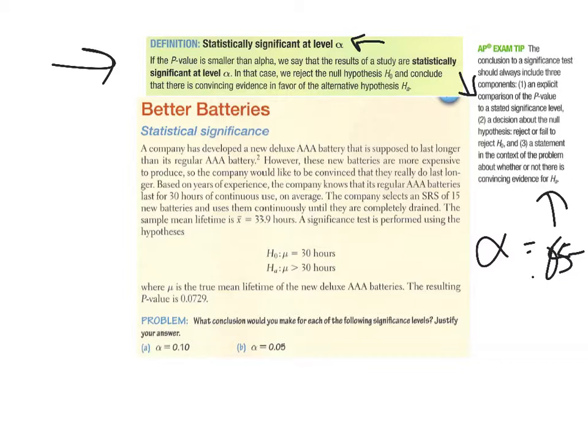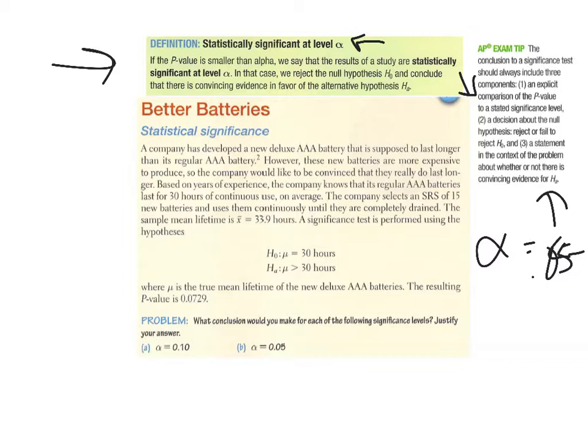So looking at this sample problem that we have here with the battered batteries, the problem is, what conclusion would you make for each of the following significance levels, and justify your answers. If you need to, pause it, take a second, read the problem. Now let's see what we've got here.